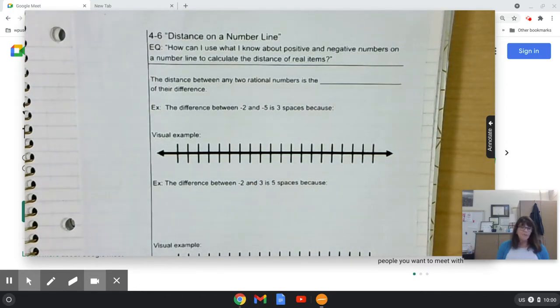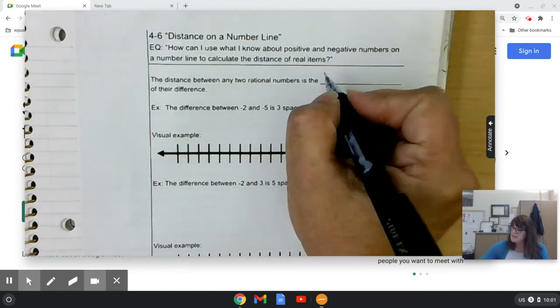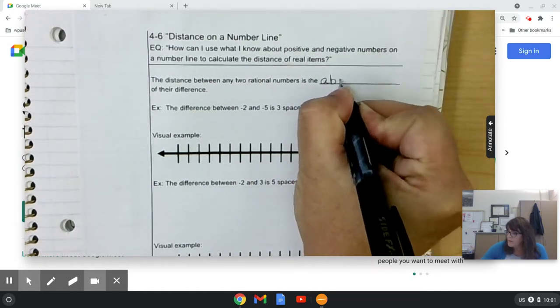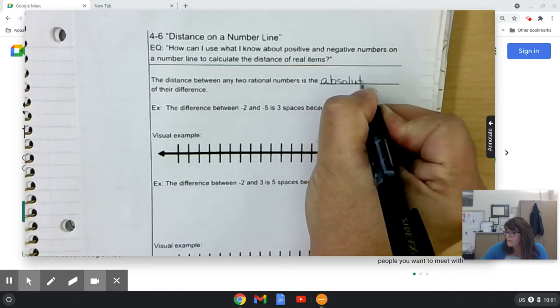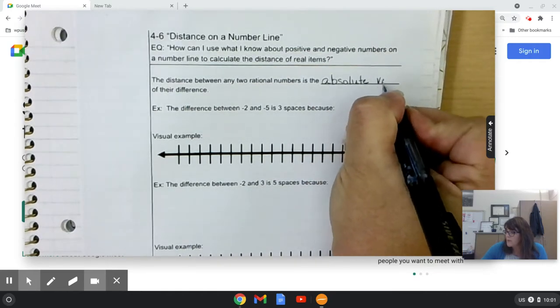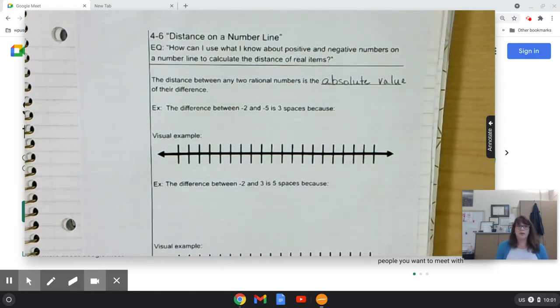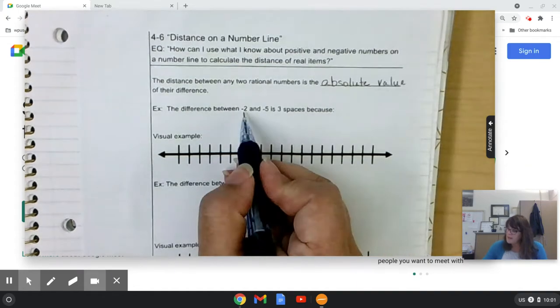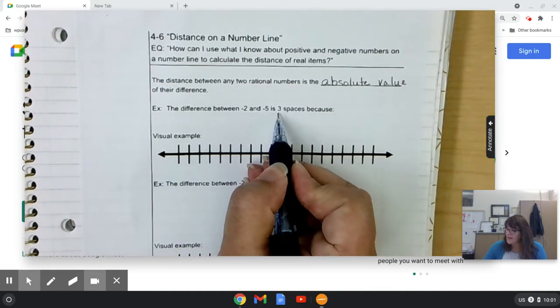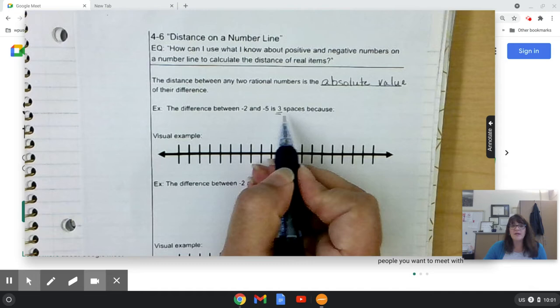Okay? So by definition, the distance between any two rational numbers is the absolute value of their difference. Okay. So the difference between -2 and -5 is 3 spaces.